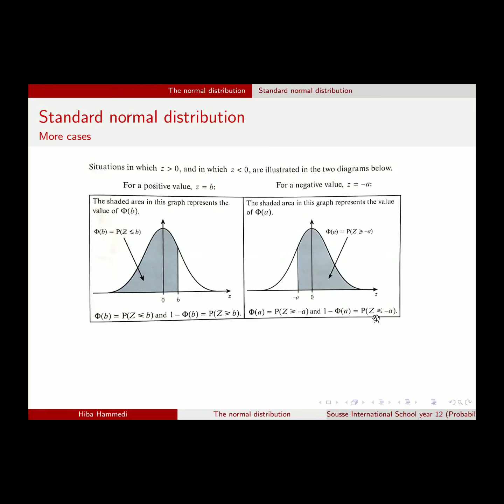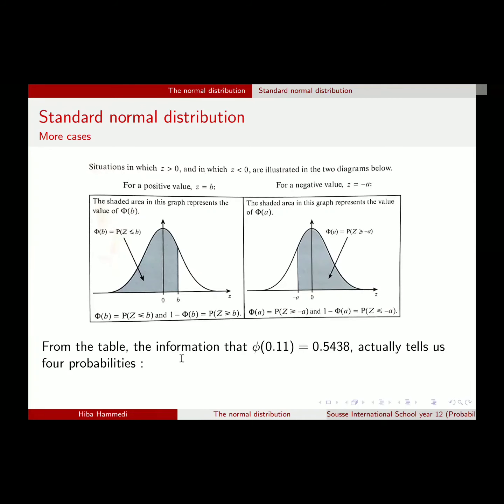And the probability of z is less than negative a, which is this little area, will be equal to 1 minus the probability of z is less than a, which is equal to this one. Look, this area here. So having a little z with negative sign, it's not a big deal here.